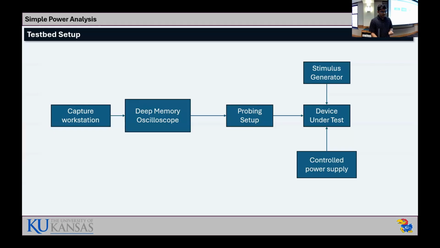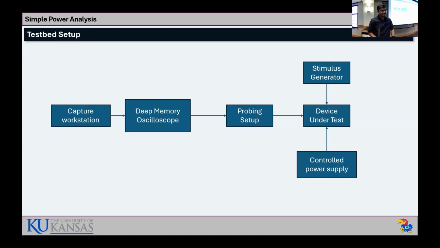Now to do that, we need some test bed, and it starts with a capturing workstation, which can be your laptop or your PC, and which will capture the data and store it in a file for further analysis. And then you need a deep memory oscilloscope. What does that mean?